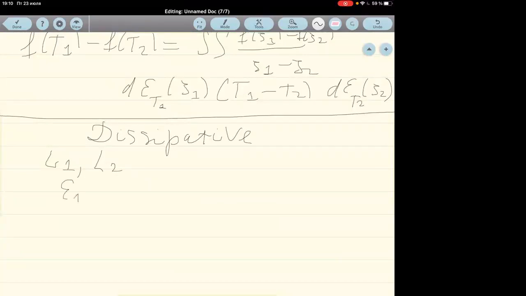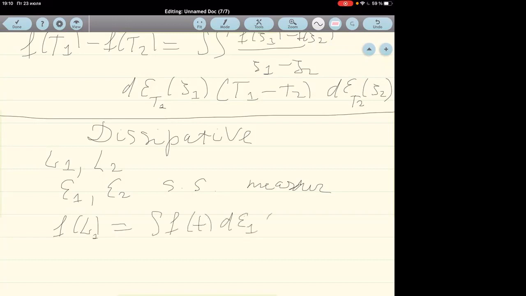Say E1 and E2 are semispectral measures, which means the following: f of L1 minus equals the integral of f of t dE1 of t for all functions f that are analytic in the upper half plane and continuous on the real line.